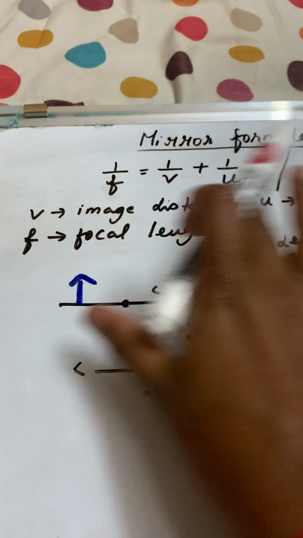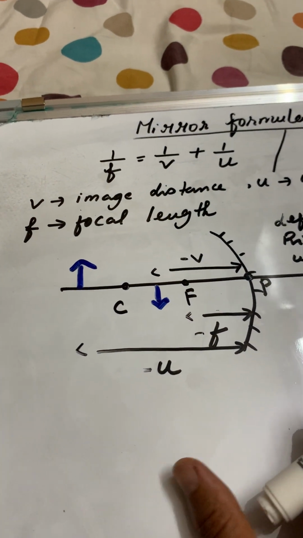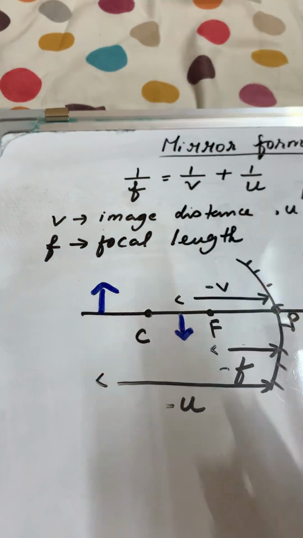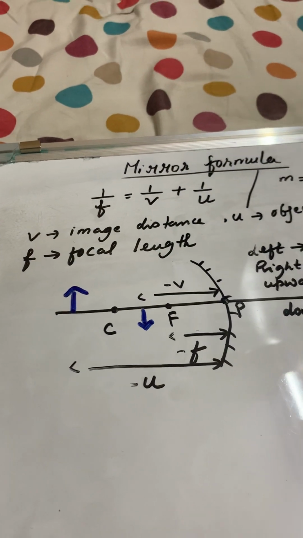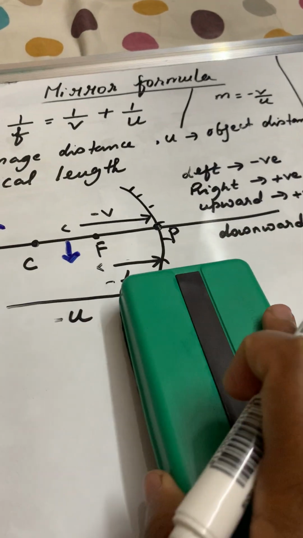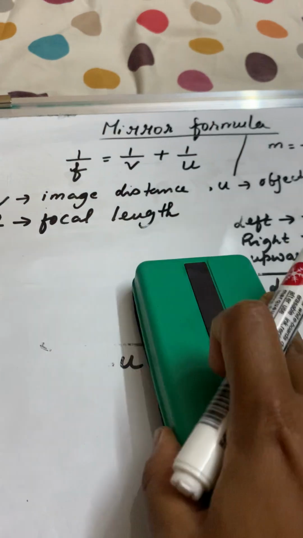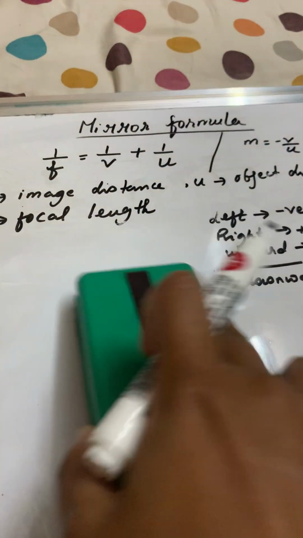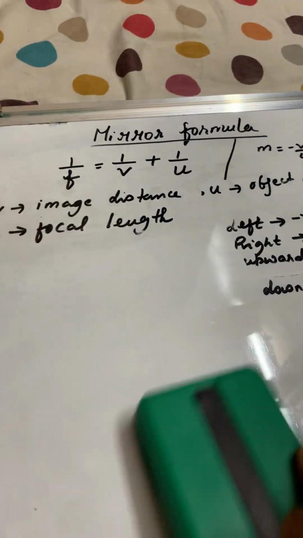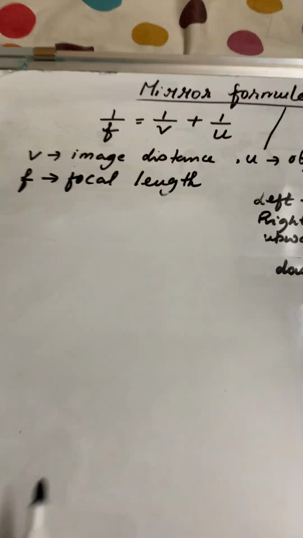Depending upon the situation, we can use these accordingly, and then we can use the mirror formula. Now I will take one example. In the text a number of examples have been given; I'll take one or two and try to explain.